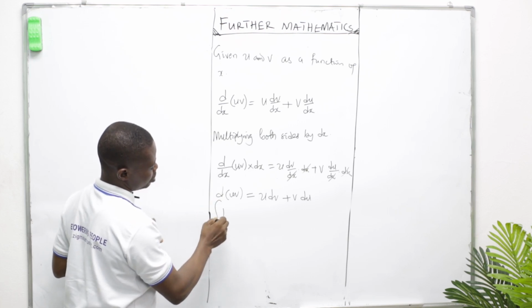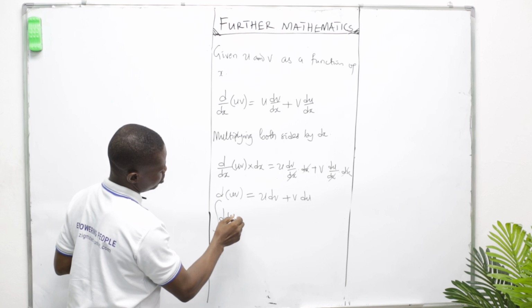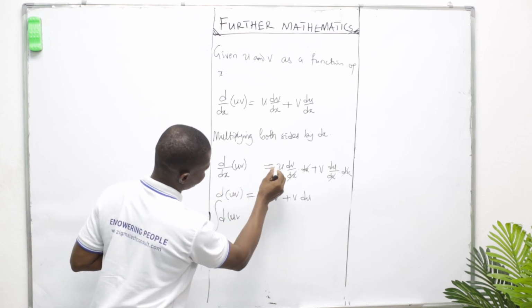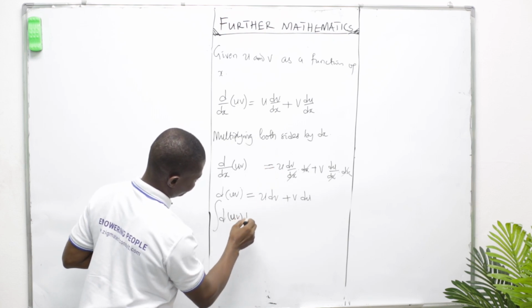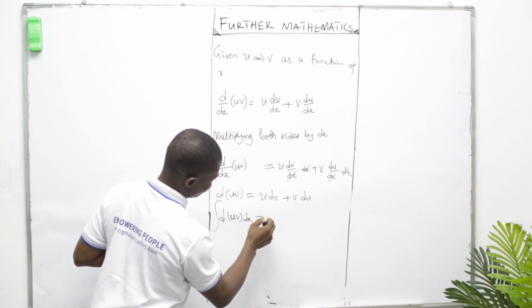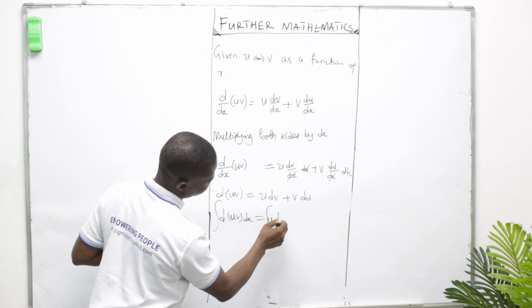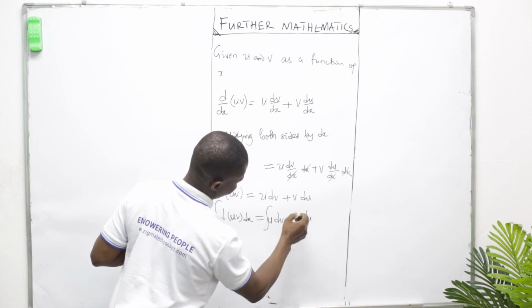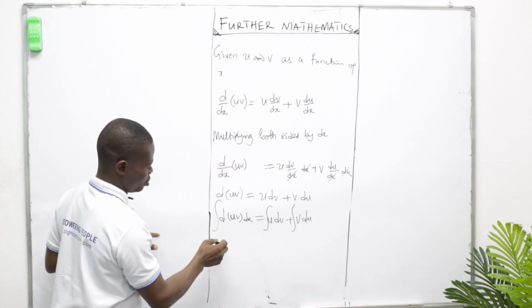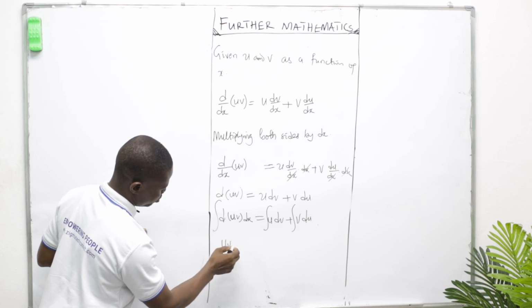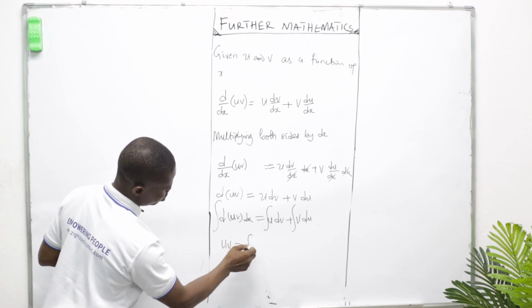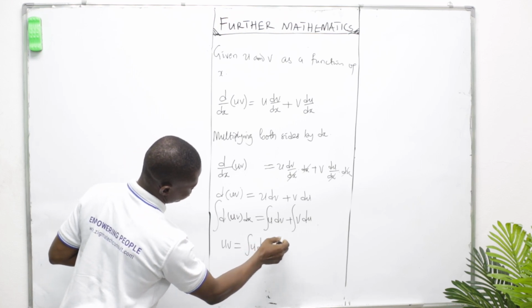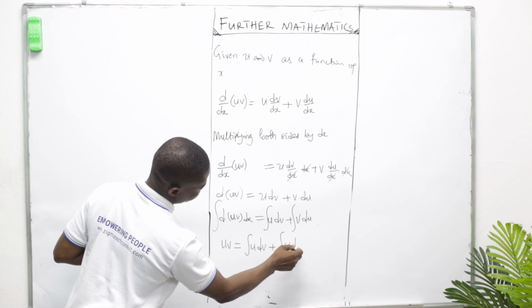Integrating both sides, uv equals the integral of u dv plus the integral of v du.